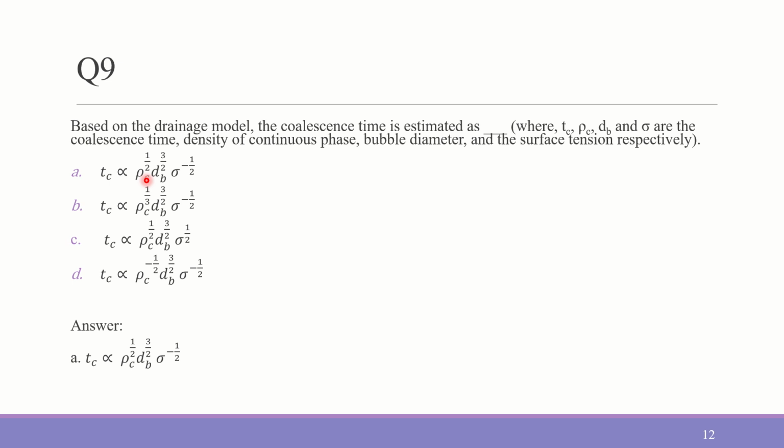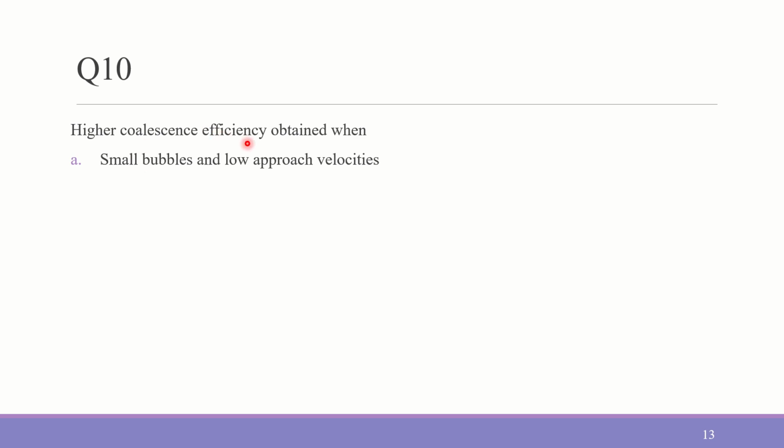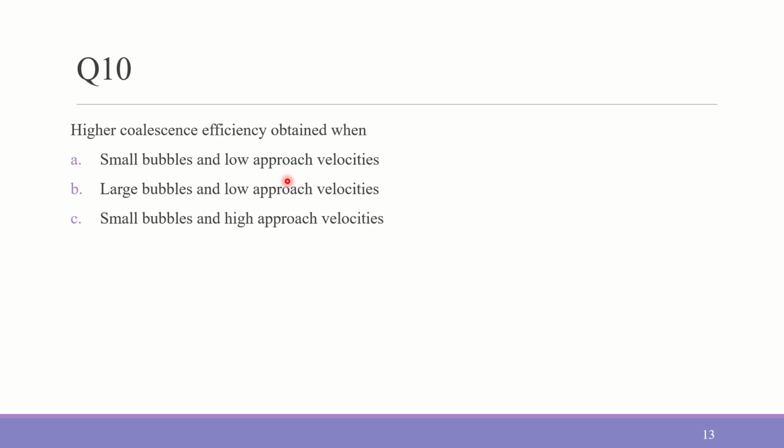So that is question 9. Let us go to question 10. In question 10, it is given that higher coalescence efficiency is obtained when: option A, small bubbles and low approach velocities; option B, large bubbles and low approach velocity; option C, small bubbles and high approach velocities; and option D, large bubbles and high approach velocities.